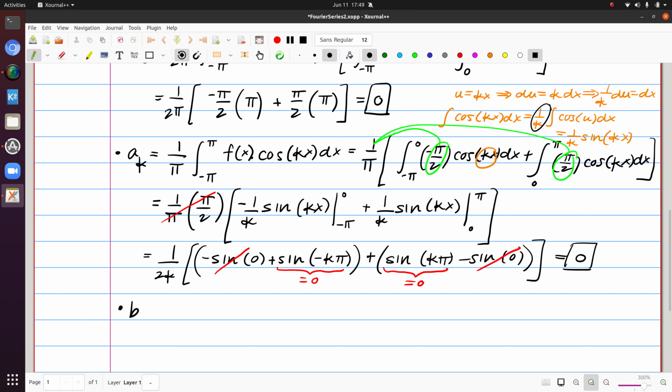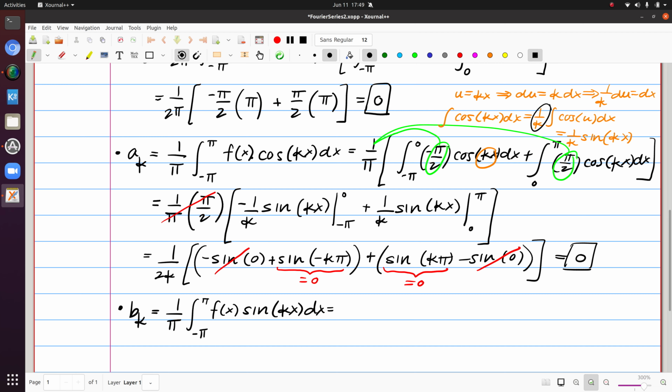So let's finally find b sub k, and notice that that's going to be a very similar looking integral to the one we did above. The only difference is that we replace cosine with sine kx here.